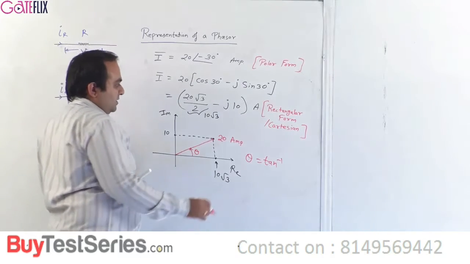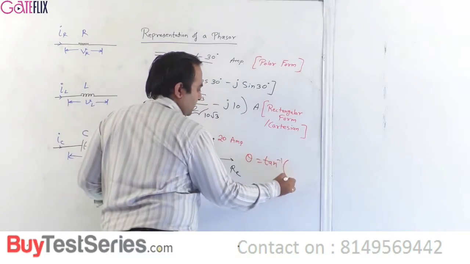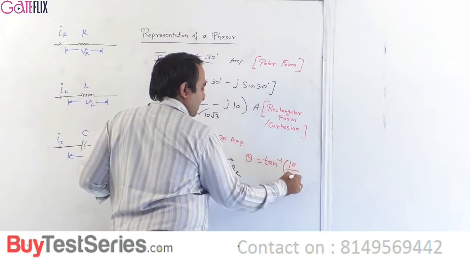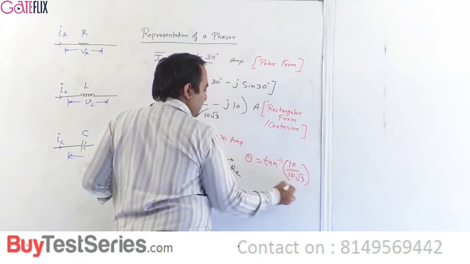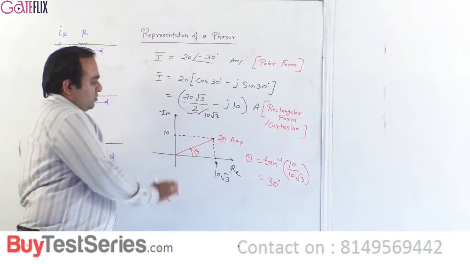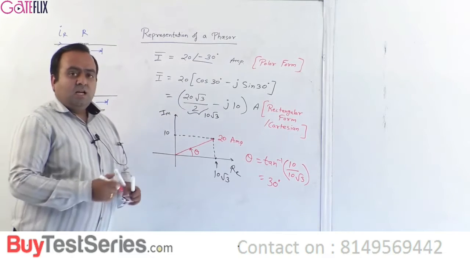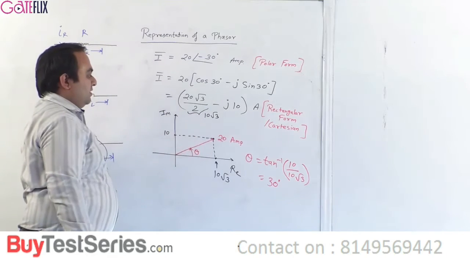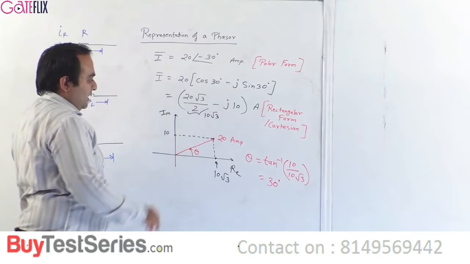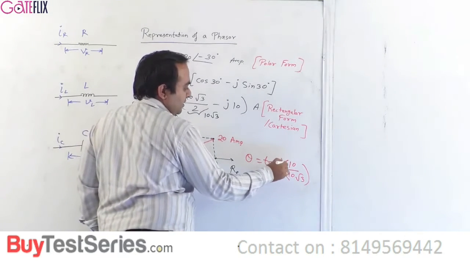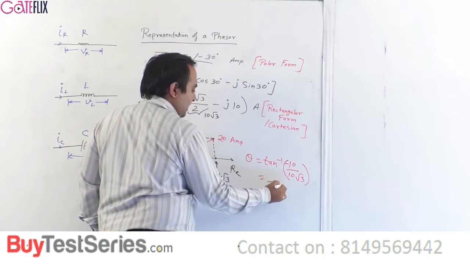So tan inverse 10 upon 10 root 3, so it is equal to 30 degrees. So this is the phasor. This 20 ampere phasor has an angle of 30 degrees, or here, since this is minus, this imaginary part is negative, so it will be minus 30 degrees.